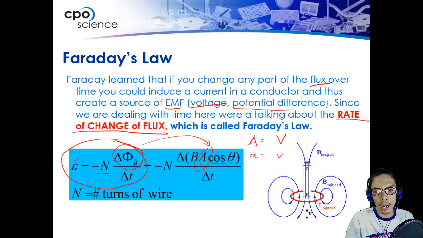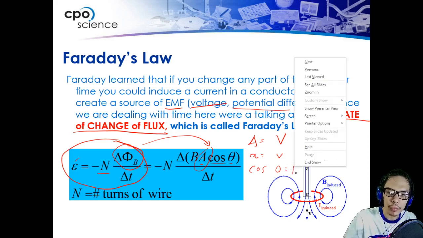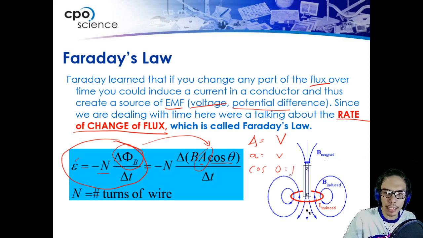So there are two different cases. At cosine 0, that is the perpendicular orientation, and that is the maximum angle at which you can produce maximum voltage.